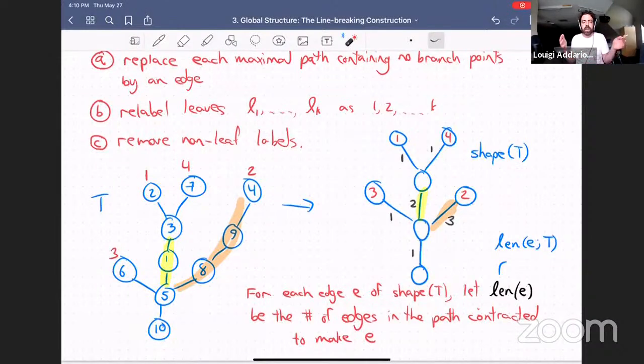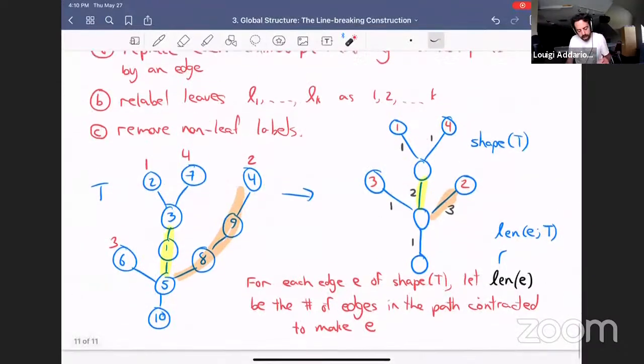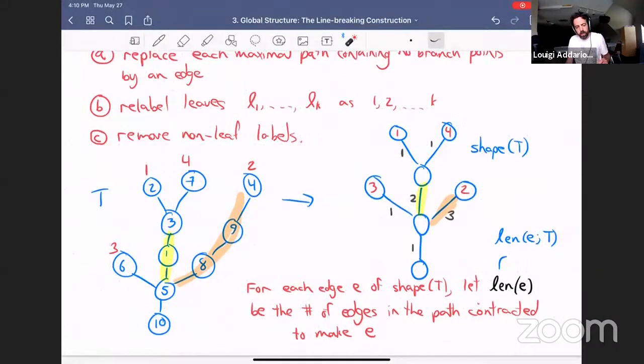If we only take k sampled leaves and let n become large, the shape remains a finite combinatorial tree, and we can ask what's the distribution of that shape. And then along with the shape, what is the distribution of these edge lengths? And that's something that has a hope of converging. Whereas if we studied the whole sampled tree, well, for one thing, the labels would run off to infinity.